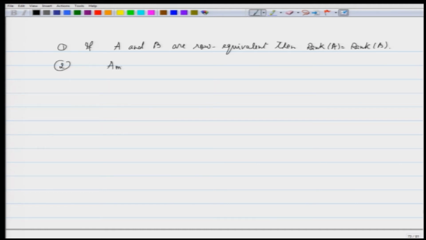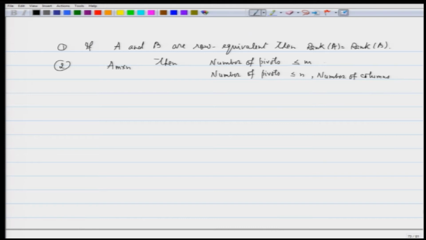2, if A is m cross n, then number of pivots has to be less than or equal to m, because in each row I am supposed to have at most one pivot. Also, number of pivots will be less than or equal to n, number of columns, as every column can have at most one pivot.